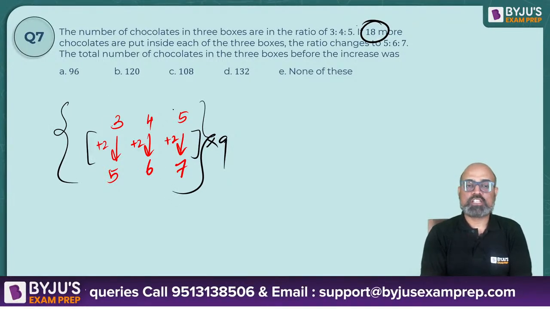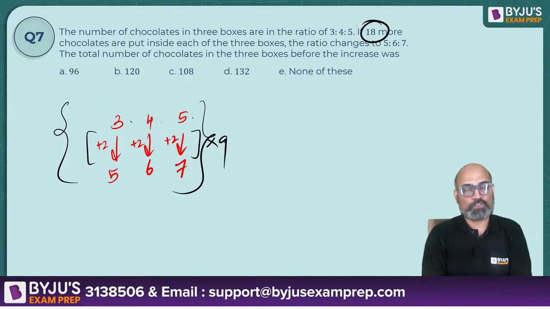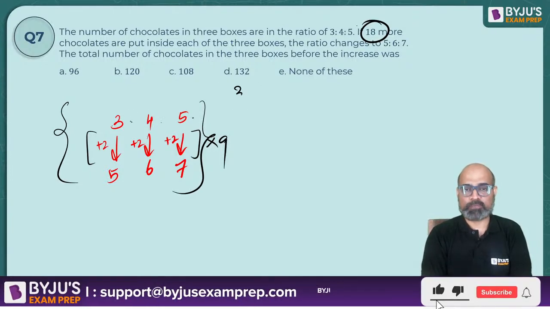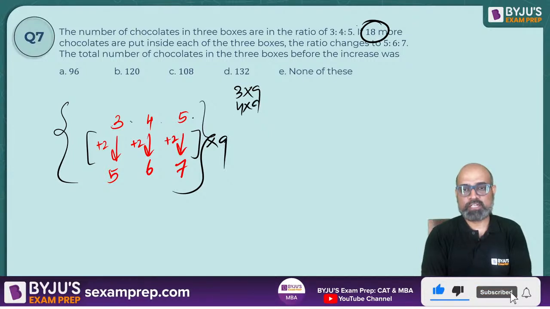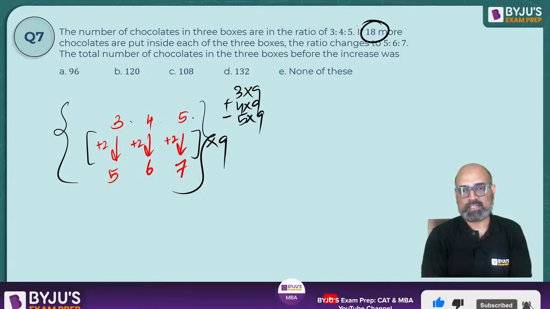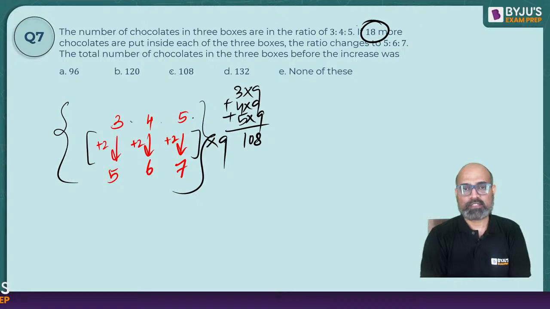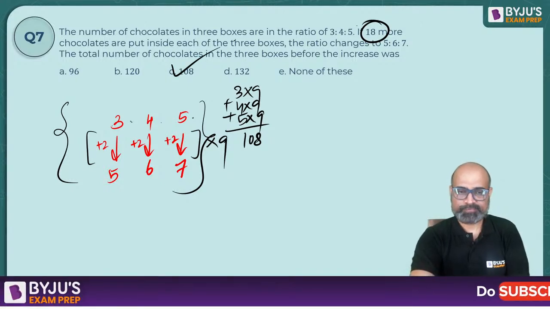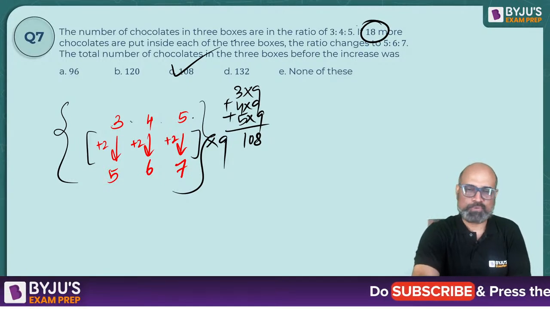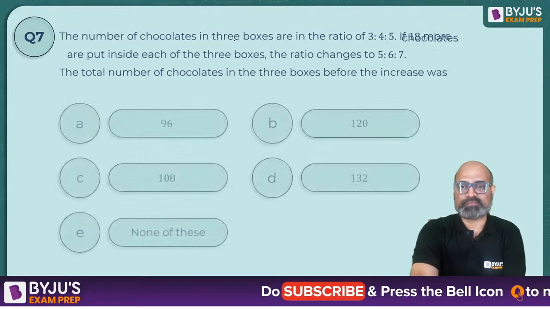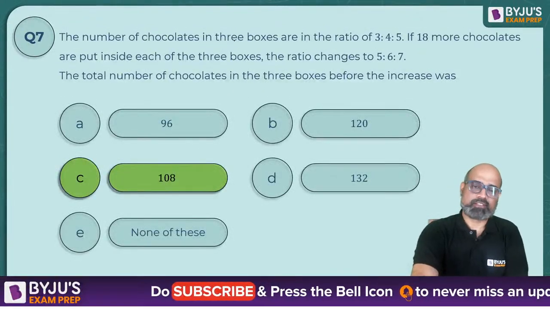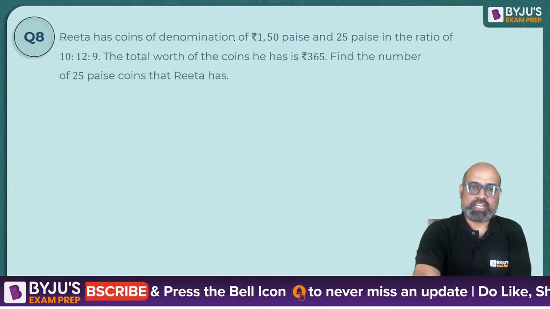So how many chocolates we had initially? 3 plus 4 plus 5 into 9, या फिर आप कर लो 3 into 9 थे, 4 into 9 थे, 5 into 9 थे, and add them, you are going to get 108. Right? No variable, no equation. So 108 is good. Okay.